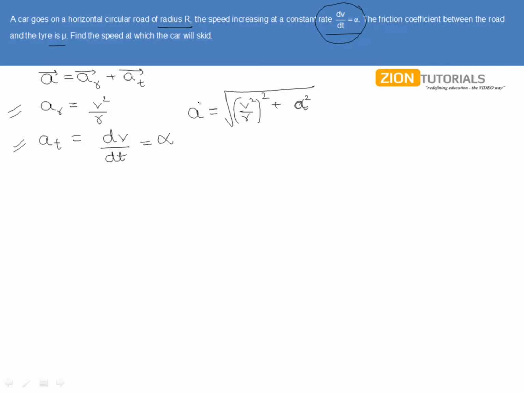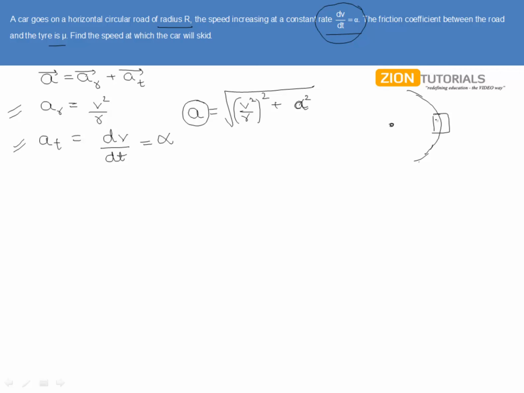Proceeding ahead, how is this acceleration actually caused? If we take this as being the car which is moving on a circular road here, it is going to move like this. There is obviously no string that is bounding this car to the center of this turn actually.